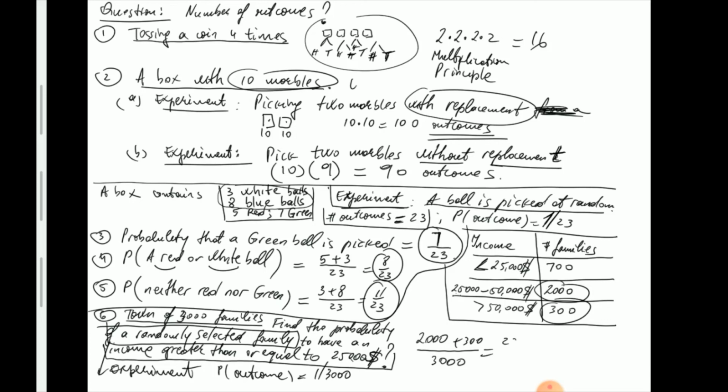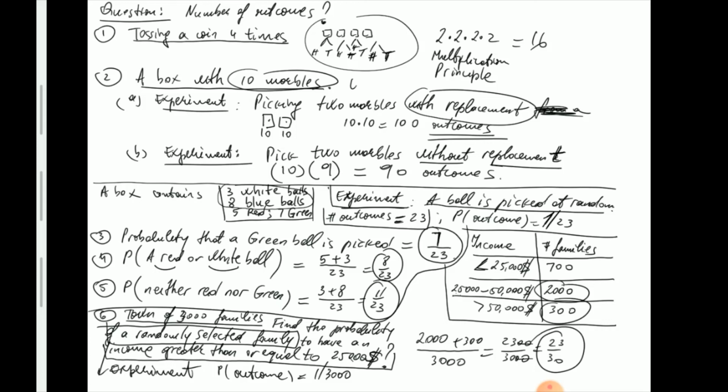That gives me 2,300 over 3,000, and you can simplify that to 23 over 30. That is the probability of a randomly selected family to earn at least $25,000.